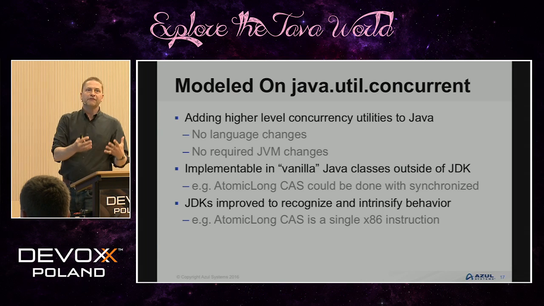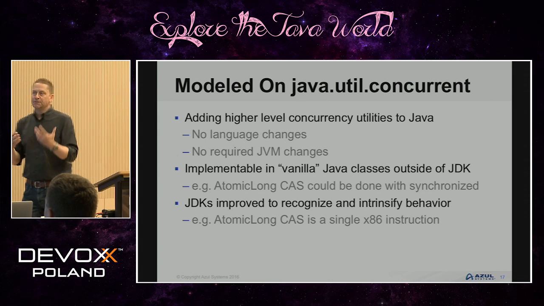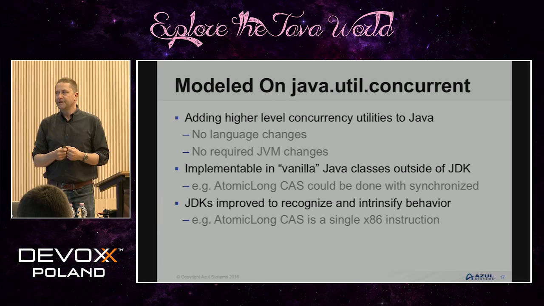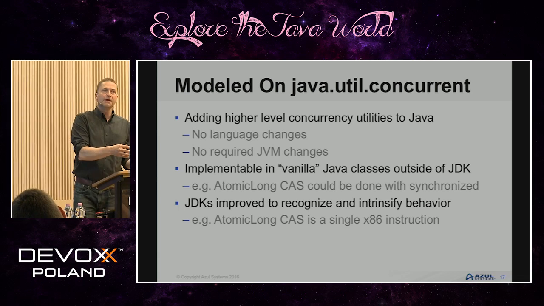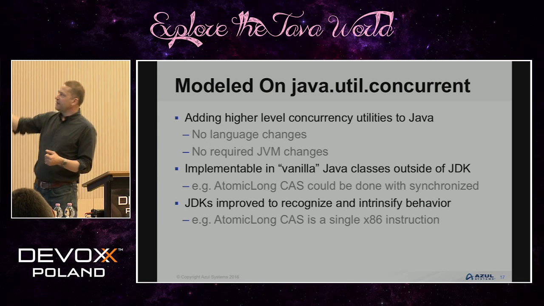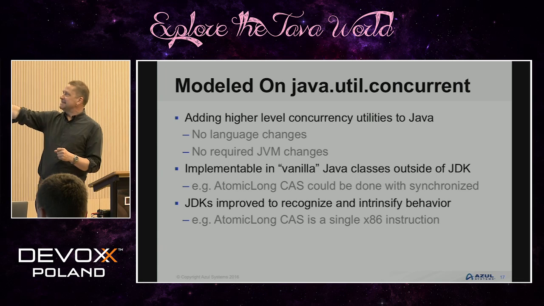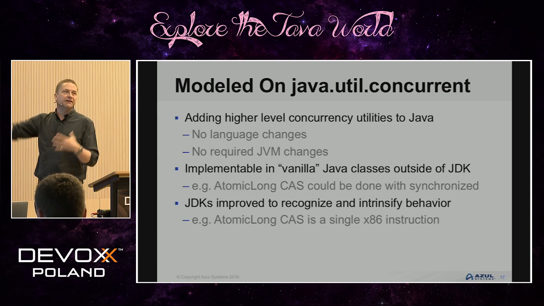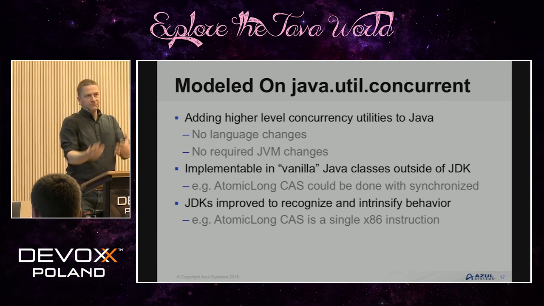So you can do it in Java without any special syntax, without any special libraries. You simply use a set of synchronized blocks, synchronized methods, and you can do an atomic long compare and set. But once that gets into the core libraries, the JVM can look at that and go, hang on, I know how to do that much, much quicker. So we'll use a single x86 instruction to do that compare and set when we see that as part of the standard libraries. What we want to do with object layout is the same thing.